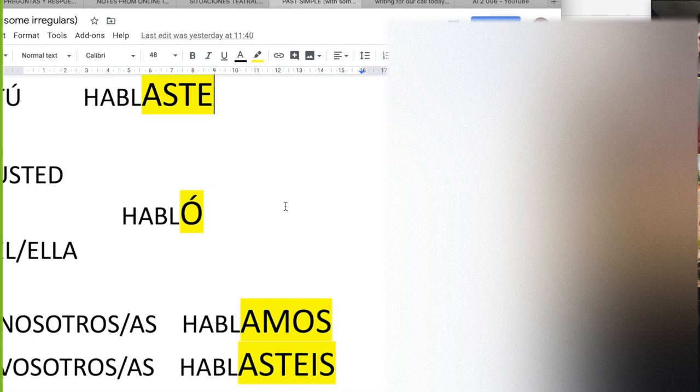En el primer viaje. El primer viaje. Y el segundo viaje. Sí.